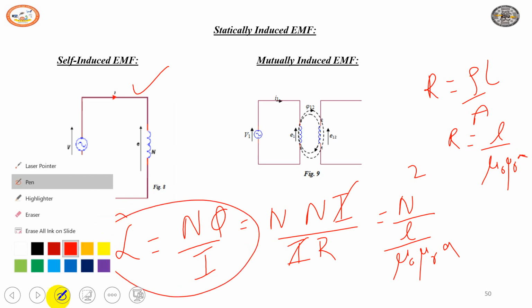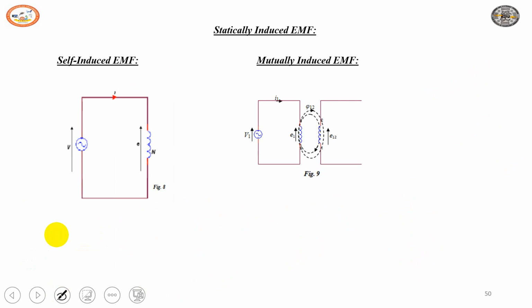Now coming to mutual inductance. If you look at the second circuit here, whenever voltage is applied to one circuit, it not only links this coil, it also links this coil. The current flowing here will produce flux in this coil, and that flux also links in this coil. This is called mutual inductance of the coil.